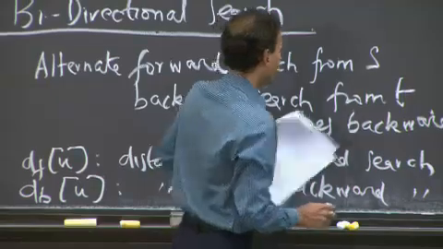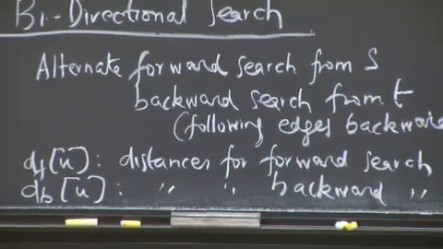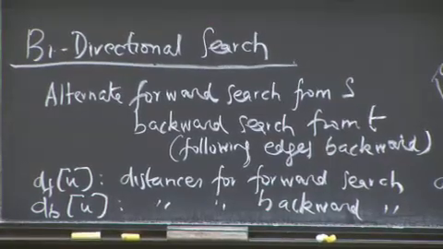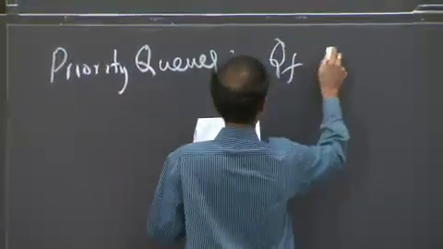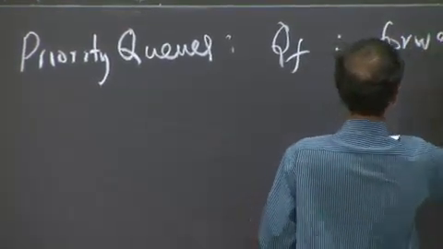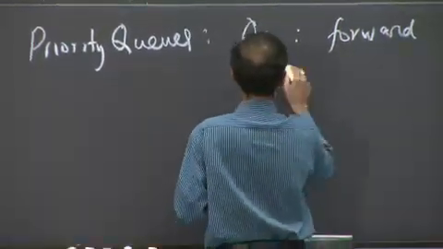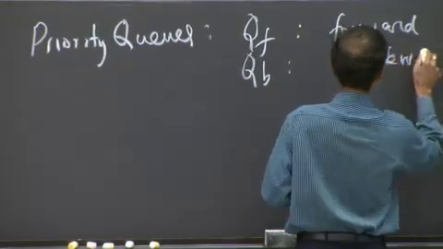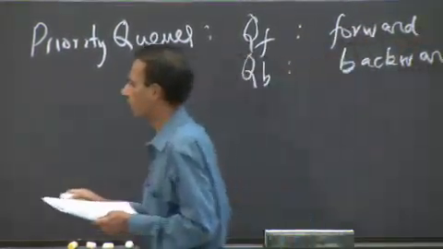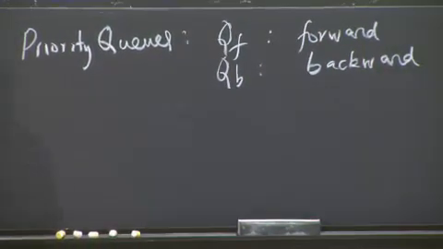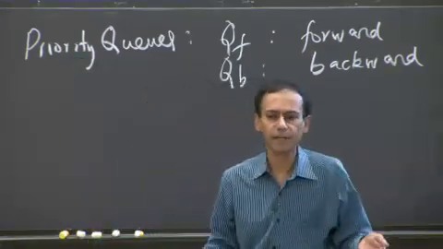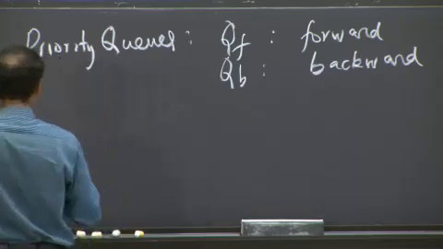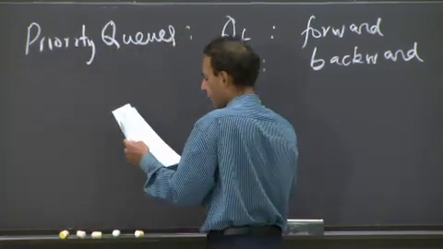And of course, we're going to have priority queues, plural, Q_F corresponding to the forward search, and Q_B corresponding to the backward search. And in initialize, as I said before, we're going to initialize D_F of S to be 0 and D_B of T equals 0. And then everything else, the D_F's and the D_B's, are going to be infinity. All right? OK, great. So that's what we have here.